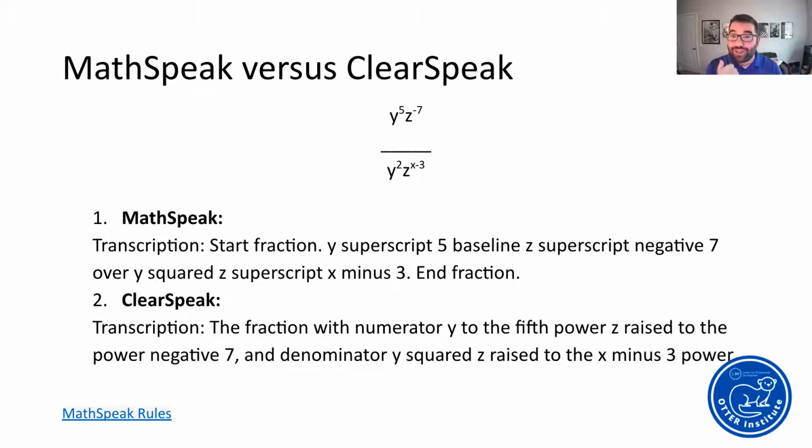He would record it, and then she would do the typesetting for him. So the math speak, when you look at it, is: start fraction, x superscript 5, baseline z, superscript -7. It's really all about conveying exactly how the math should look.